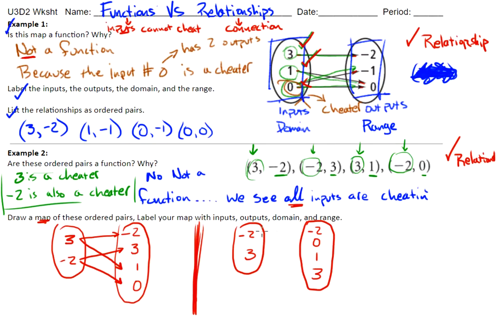Then my arrows go a little differently. I start with negative 2 to 3, and negative 2 to 0, and then 3 to negative 2, and then 3 to 1. These are the same maps. I just think this one is nicer because it's in the correct order. Notice we never repeat inputs. Domain and range is a collection of all the inputs. You don't repeat them over and over. You just put them one time.